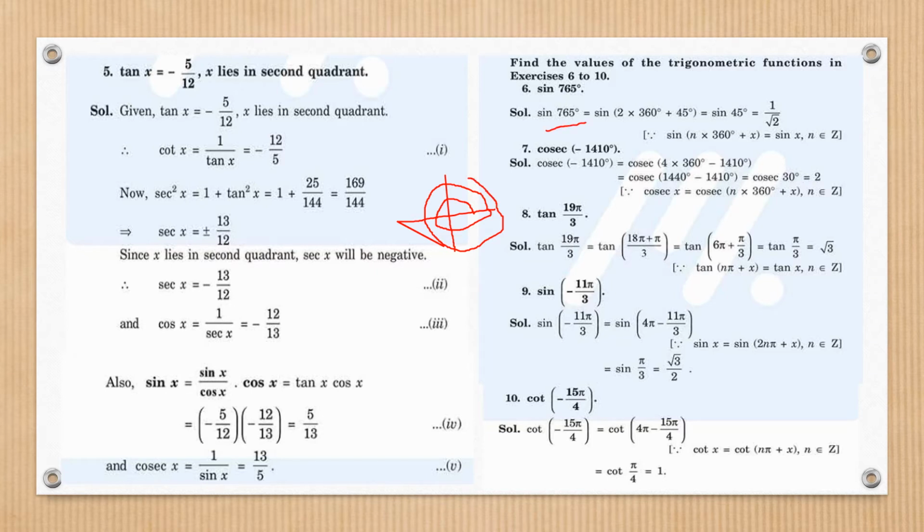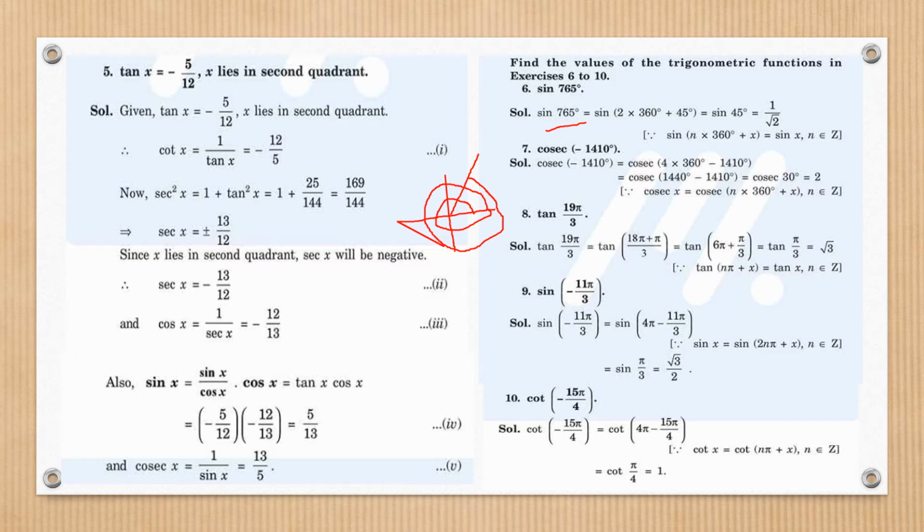So we reach the first quadrant. So it is 2 times 360 plus 45, right? At 360 there is no change, so it will be sine x itself. So that means it is sine 45, which is 1 by root 2.